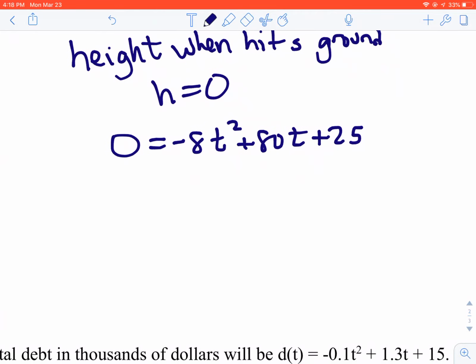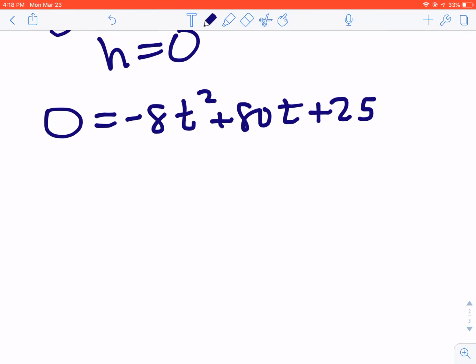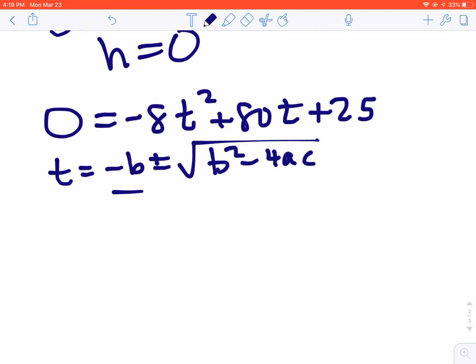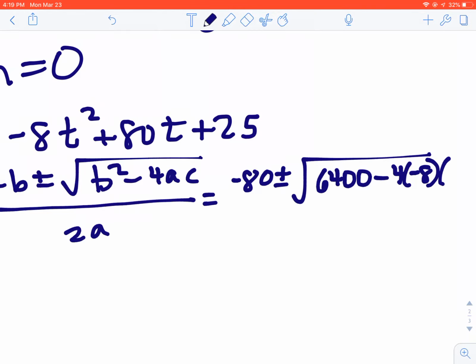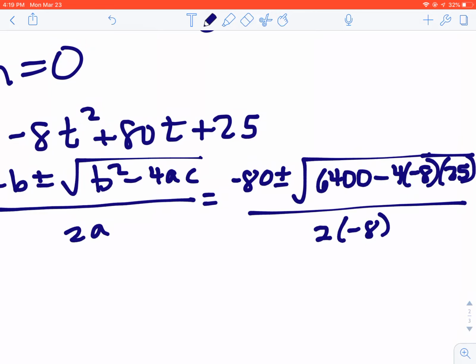I'm going to use the quadratic formula just because we haven't done it in such a long time, where t is equal to negative b plus or minus the square root of b squared minus 4ac all over 2a. So negative b is negative 80 plus or minus the square root of 80 squared, which is 6,400, minus 4 times a times c, all over 2 times a, which is negative 8.